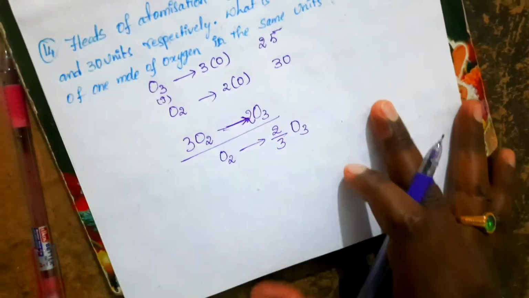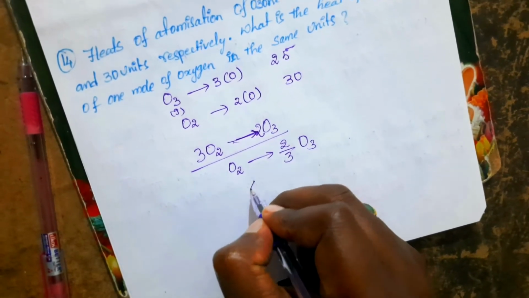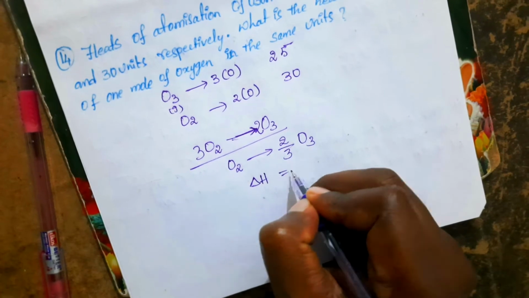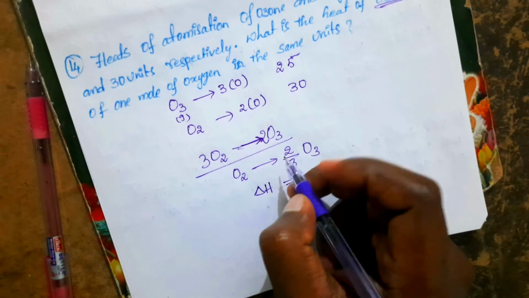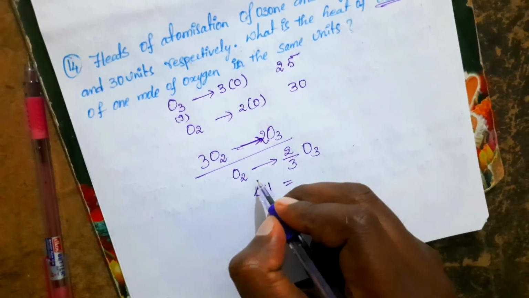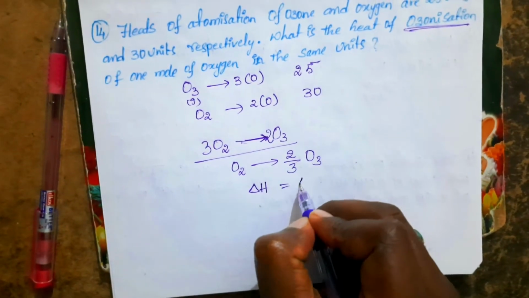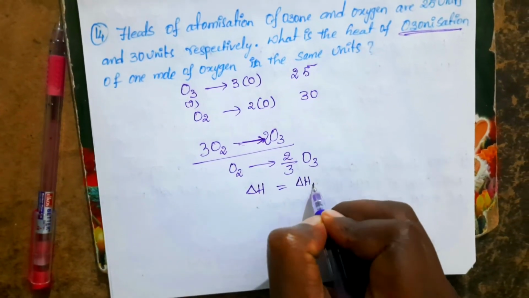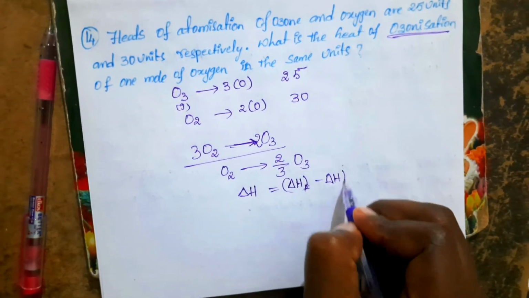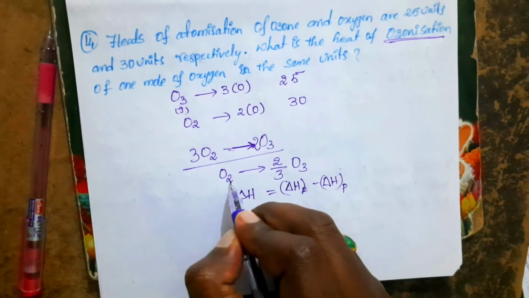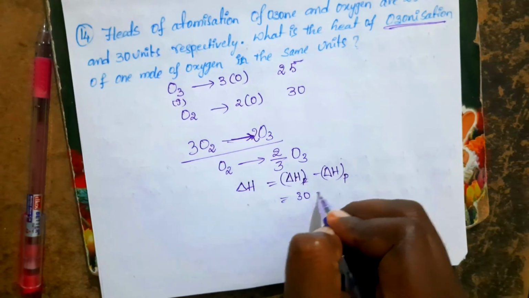Now in this case what happens? We know that enthalpy of reaction is, what they are saying, what is the heat of ozonization? That is enthalpy of reactant minus product, no? Enthalpy of reactant will be what here? Reactant minus bond energy, that is atomization energy of product. And the atomization of oxygen will be how much? 30 minus products.